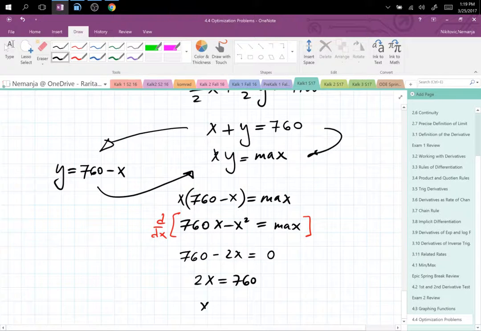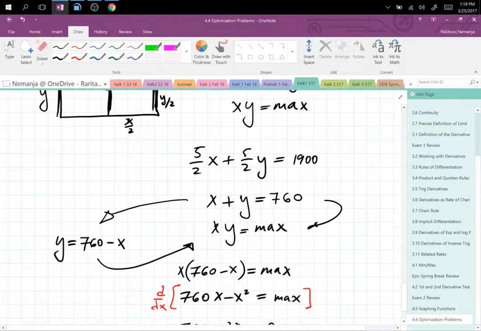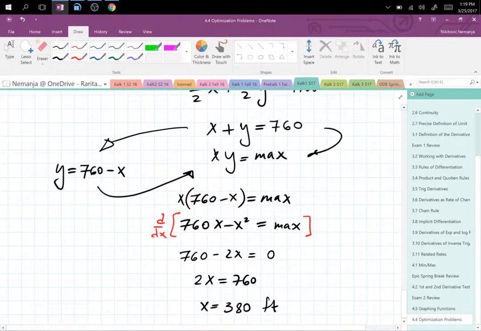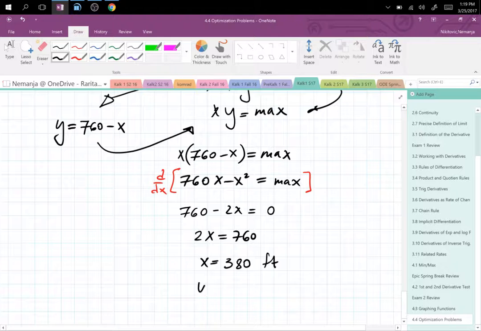And then x is equal to 380 feet. And the y is also, wow, this is a square, this one.